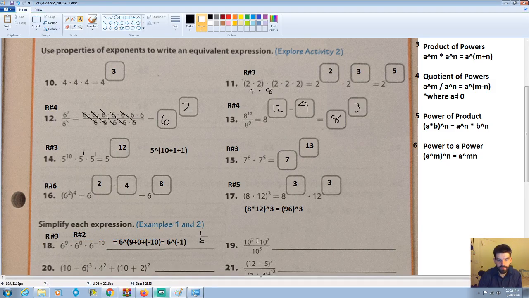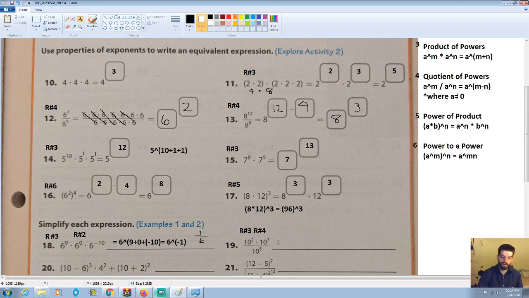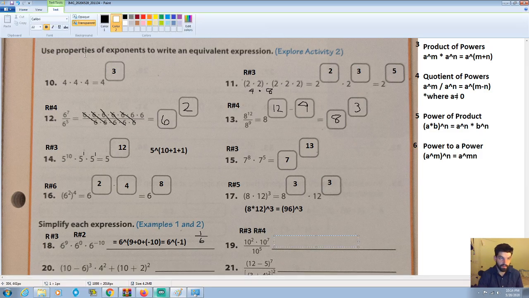This next one is going to be rule number 3 and rule number 4. Okay, so first we're going to do a product of powers, and then we're going to do a quotient of powers. So we'll do 10 squared times 10 to the 7th is going to be equal to 10 to the 2 plus 7.